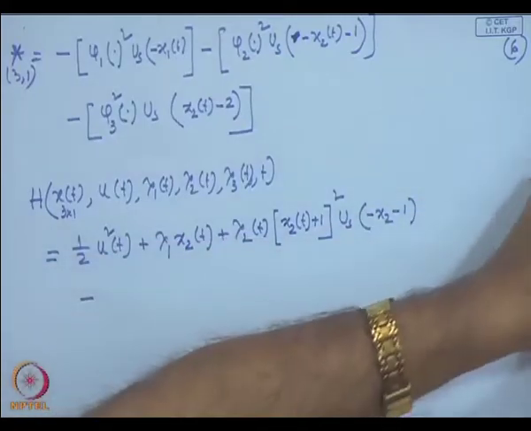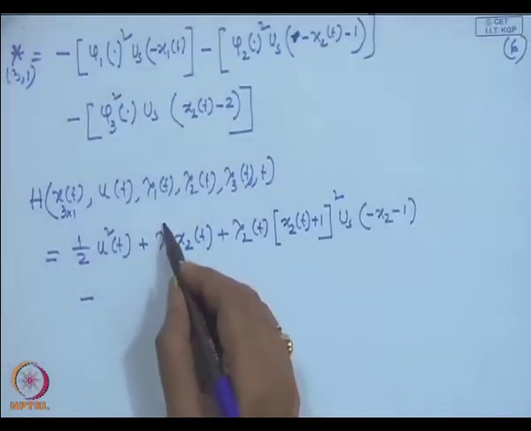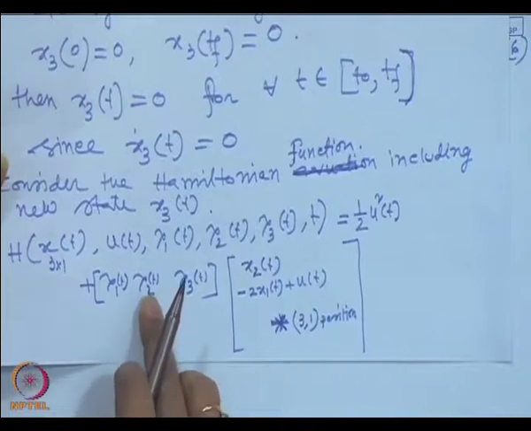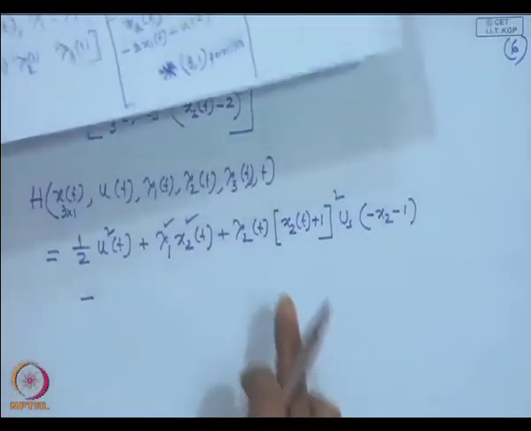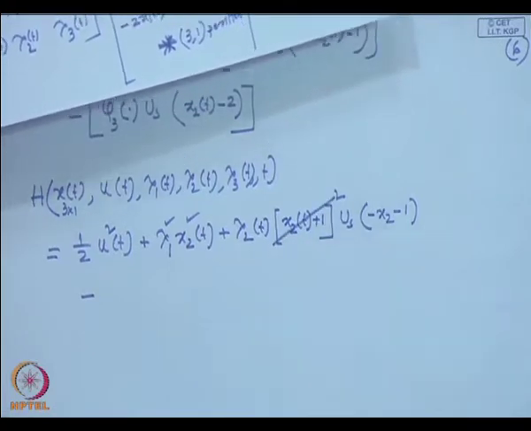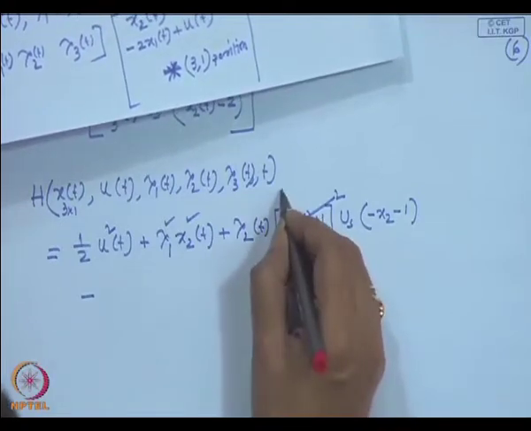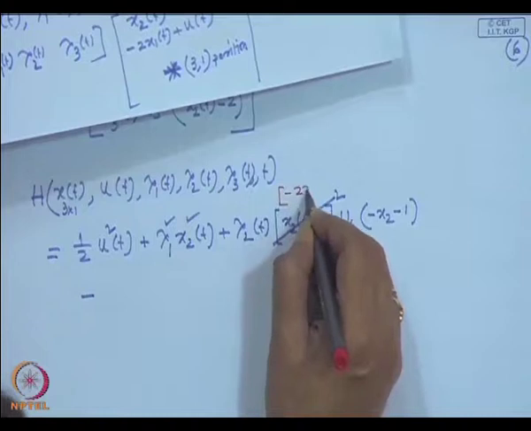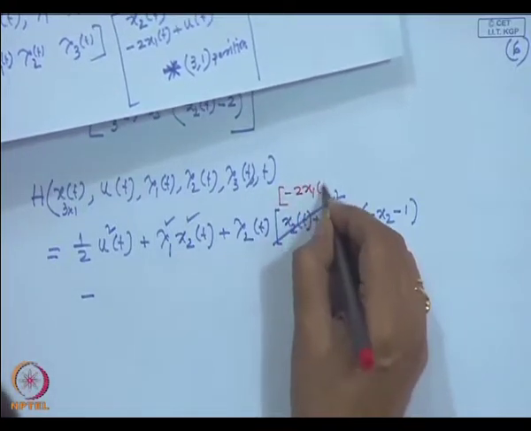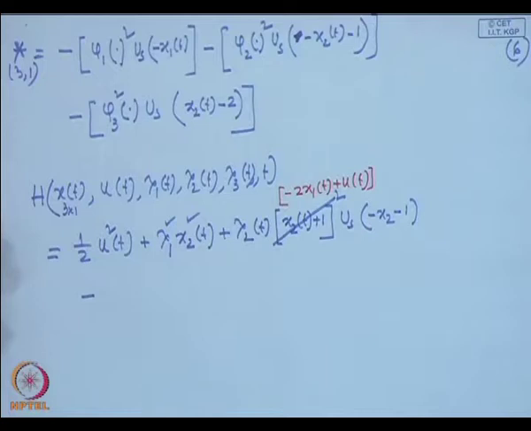Just a minute, just see this manipulation. Lambda 1 x 2, I have written lambda 1 x 2, then lambda 2, I have written something wrong here. This should be lambda 2 into minus 2 x 1 of t plus u of t. Agree?